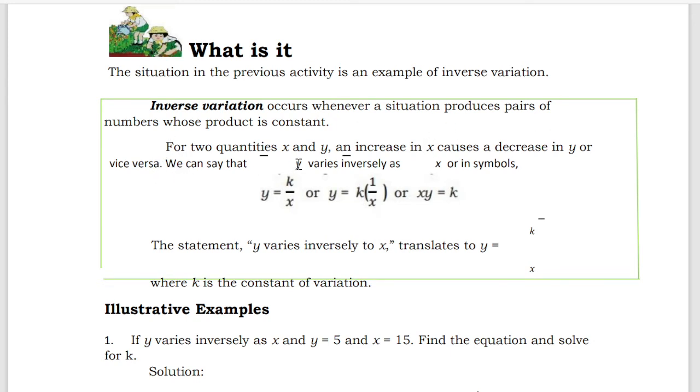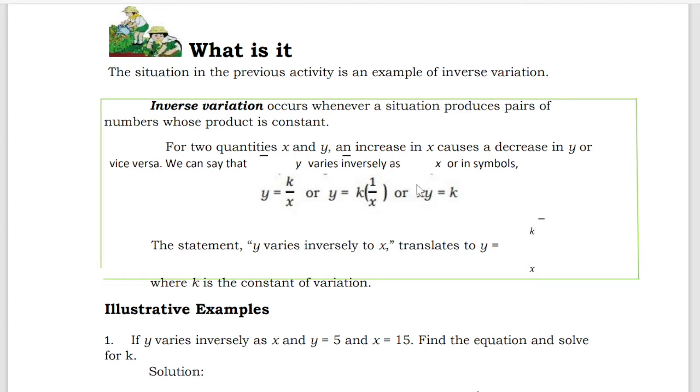So we can say that y varies inversely as x, which in symbol we can write as y equals k over x, or y equals k times 1 over x. Or you can also write that as x times y equals k, because it says here a pair of numbers whose product is constant.